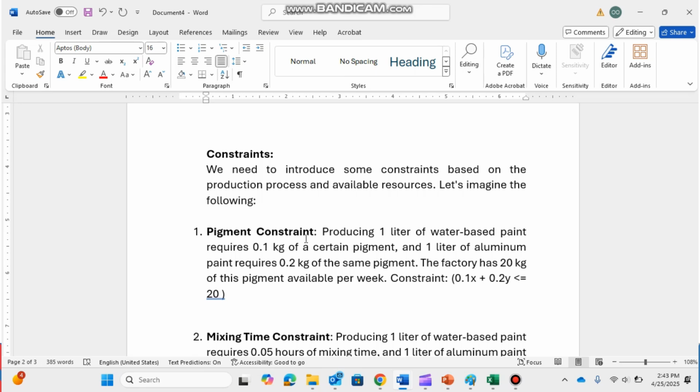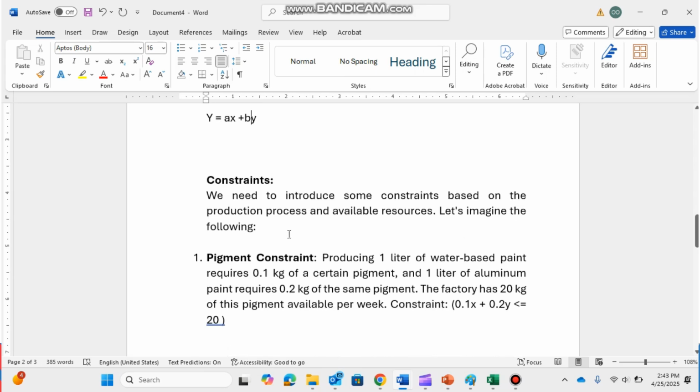This statement simply means that you cannot produce more than what you have. You can only produce within what you have.